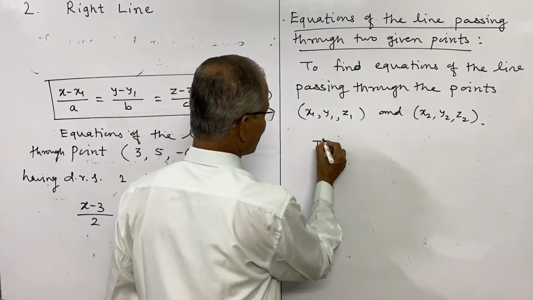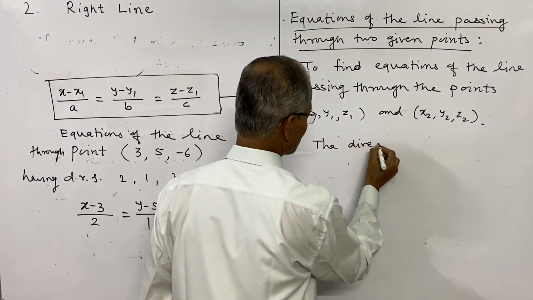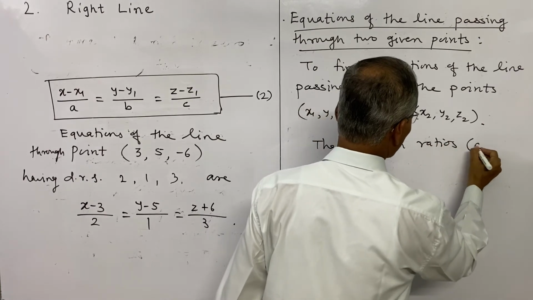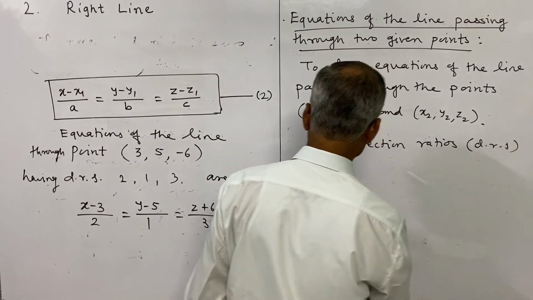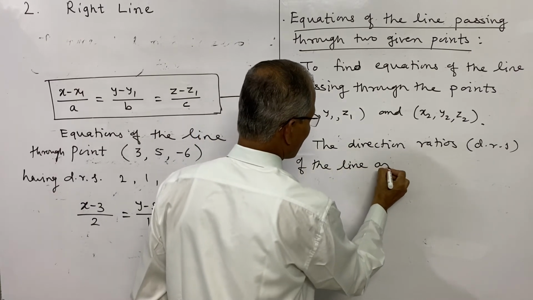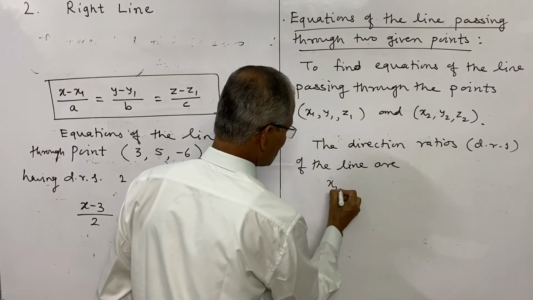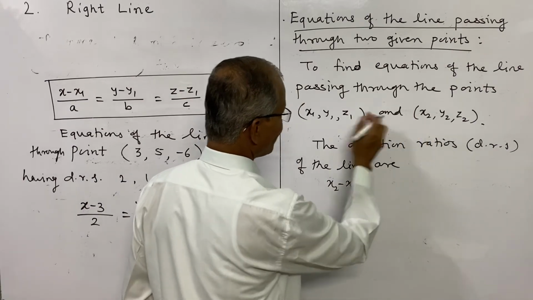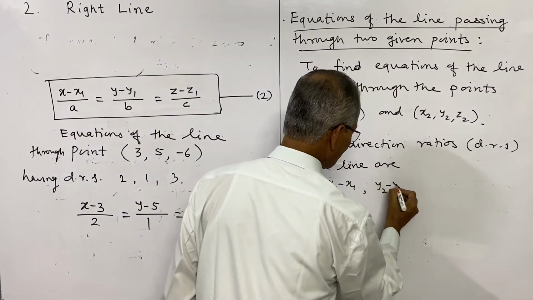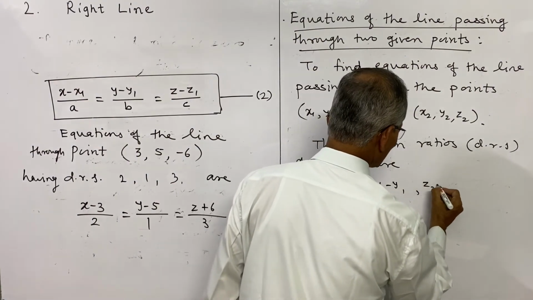So the direction ratios or DRS of the line are x2 minus x1, difference of x coordinates, y2 minus y1, z2 minus z1.